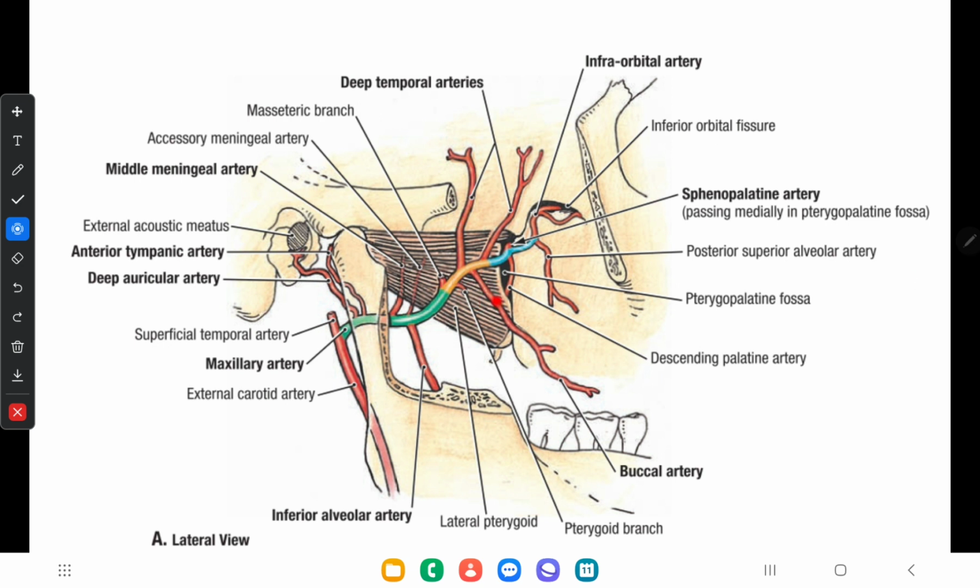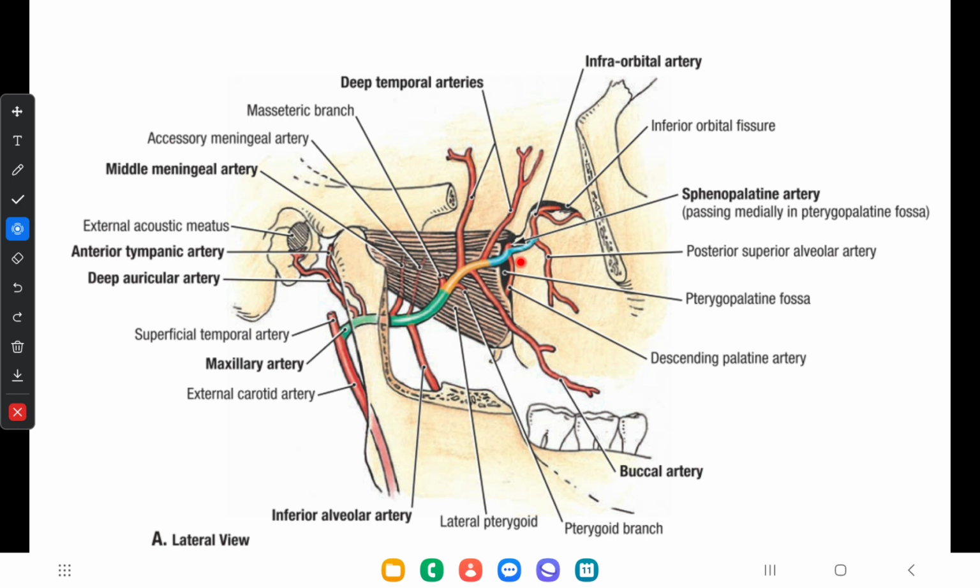When we talk about the third part of the maxillary artery, we call it the pterygopalatine part as well. It passes between the two heads of the lateral pterygoid muscle and enters the pterygomaxillary fissure to reach the pterygopalatine fossa. There are 6 branches which arise from the third part.